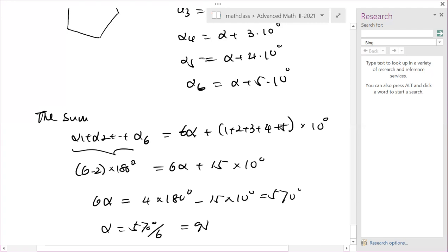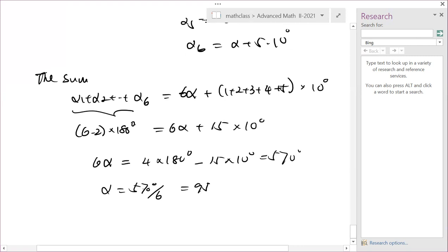That's 95. Once you get alpha, the smallest angle, the largest angle is alpha plus 50. So 95 plus 50 is 145 degrees.